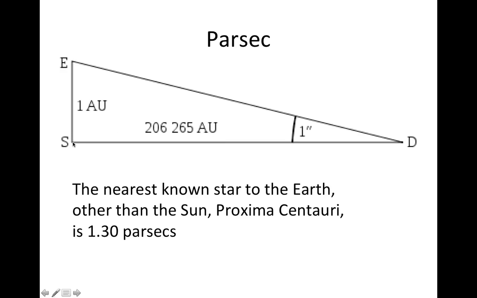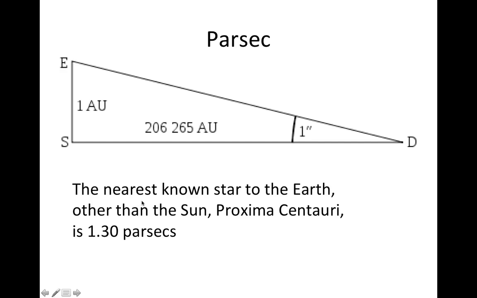Remember, one astronomical unit is the distance between the Earth and the Sun. So the parsec is enormously bigger than the astronomical unit. That is why the parsec is used for measuring distance to the stars.